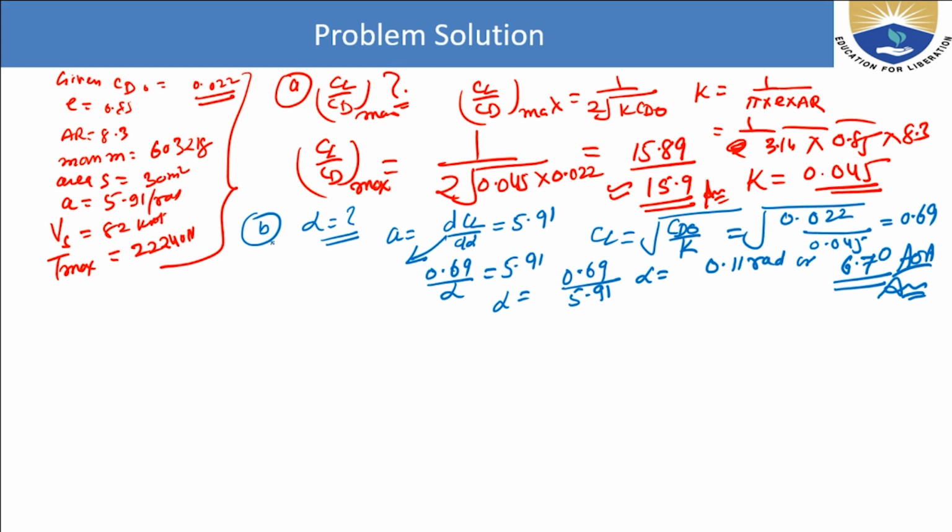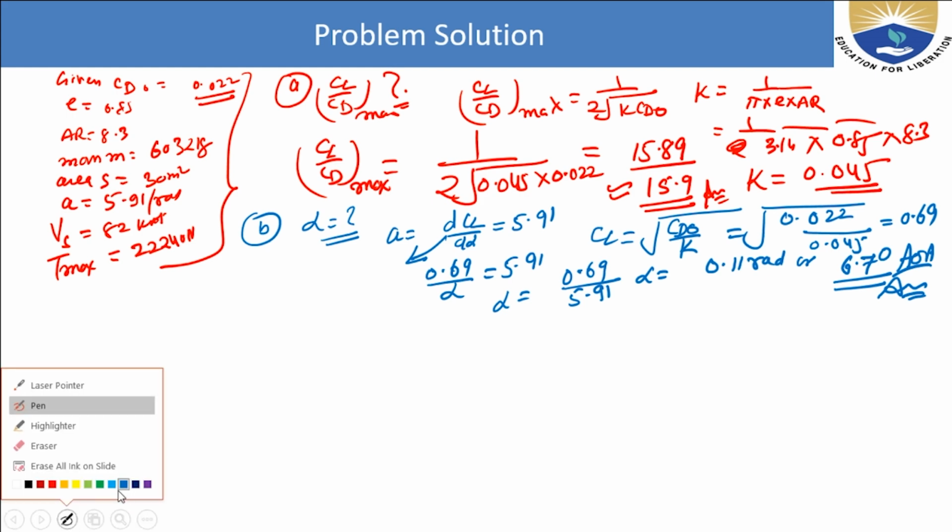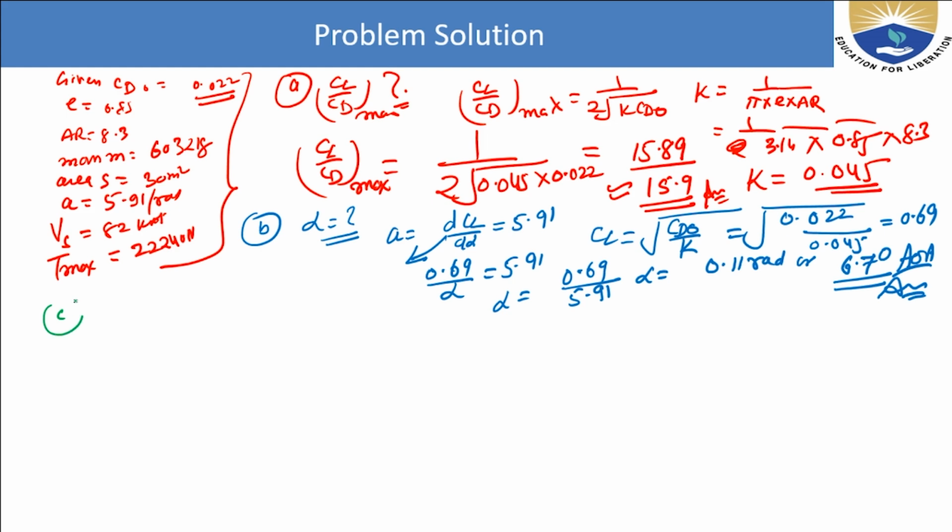Now we have to find out part c. In part c, we have to find out the velocity V. So we know that for the cruise condition, lift is equal to weight, and this is half rho V square S CL.